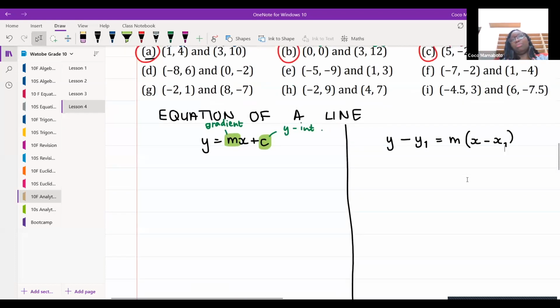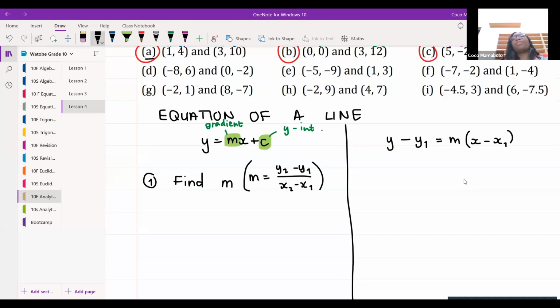If we want to find the equation of a line, step number 1 is find m, the gradient. We've just learned how: m is equal to y2 minus y1 over x2 minus x1. This holds for both formulas.